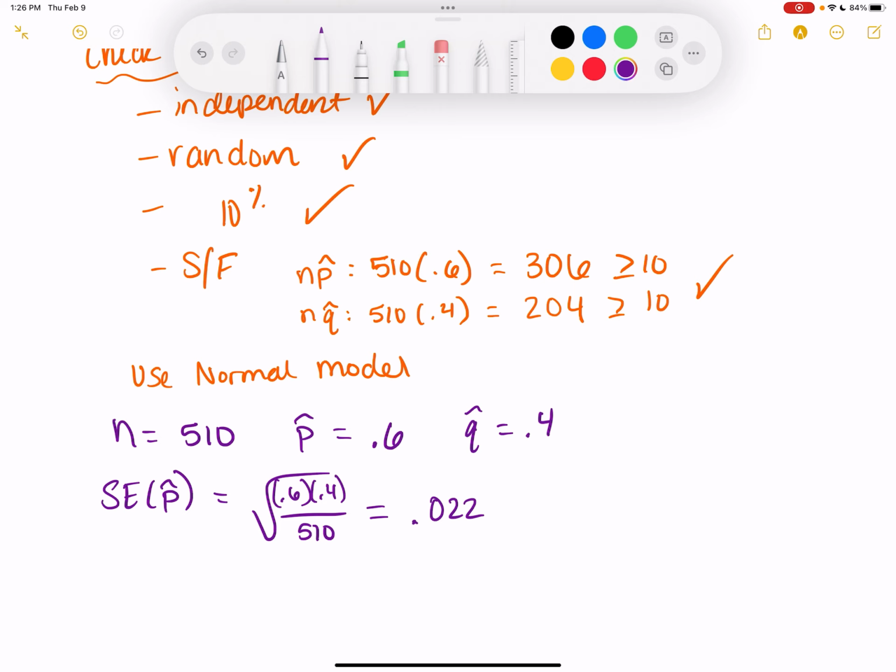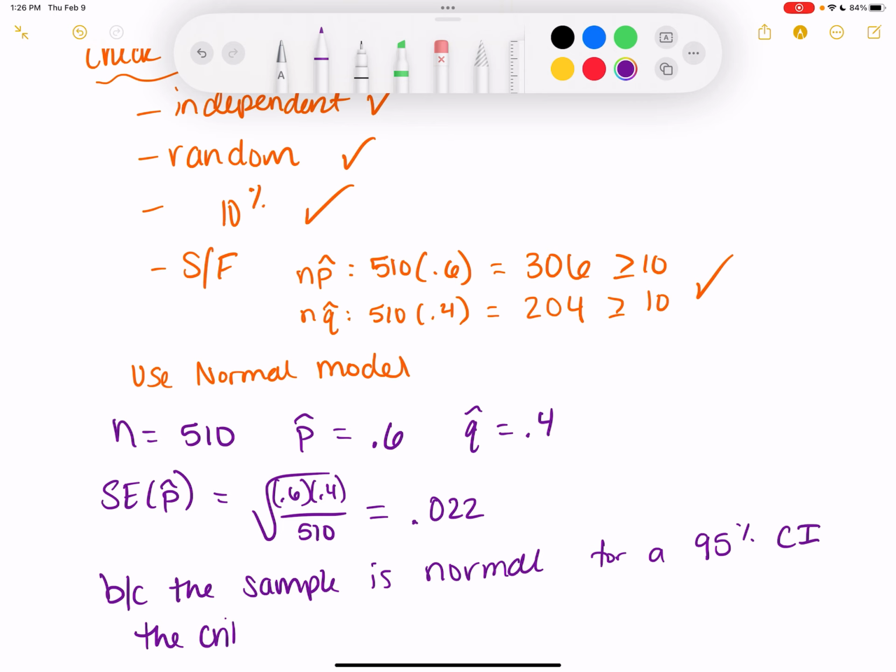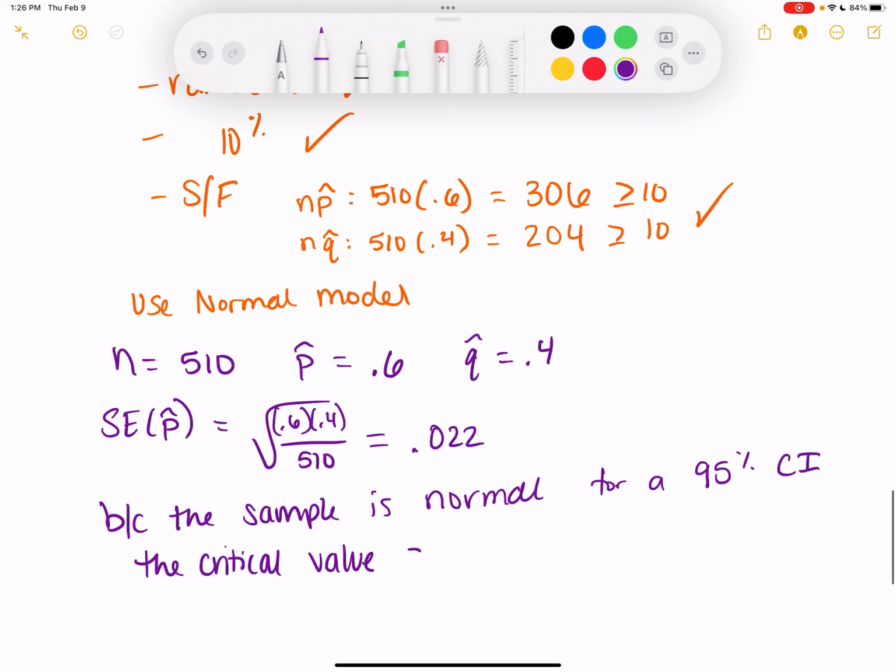So now, because the sample is normal, for a 95% confidence interval, the critical value Z star is equal to 1.96.